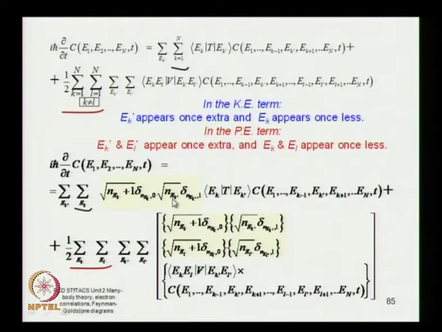So, you have square root of n, and this will come into picture only if the occupation number of the Ek prime state is equal to 1, because what this kinetic energy integral term is doing is, you can think of this as if it is transferring a particle from the Ek prime state to the state Ek, and that would happen if and only if Ek prime were occupied, not otherwise.